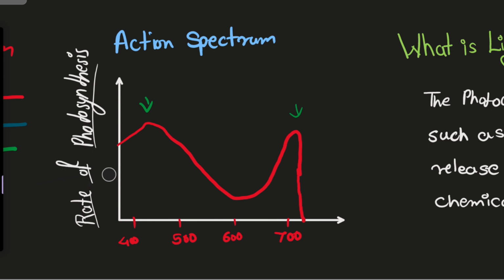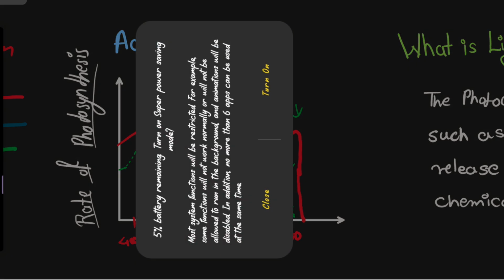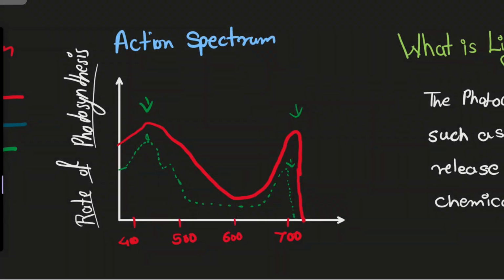If we combine the action spectrum with the absorption spectrum of chlorophyll A, we can see why chlorophyll A is the primary pigment for photosynthesis, because it shows maximum absorption.